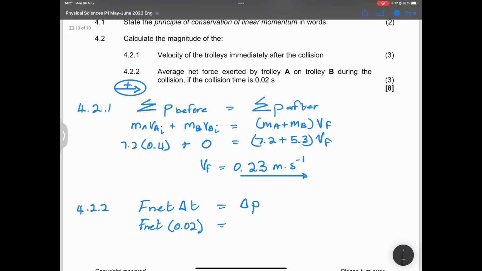So in this case, remember, the change in momentum is mass times the change in velocity. So the mass of trolley A was 7.2. The final velocity of trolley A is 0.23 minus the initial velocity of trolley A, that was 0.4, right? If you had used trolley B, the final velocity would have been 0.23, but that would be minus 0, and the mass we would have used is 5.3.